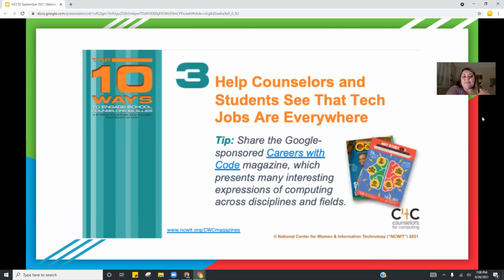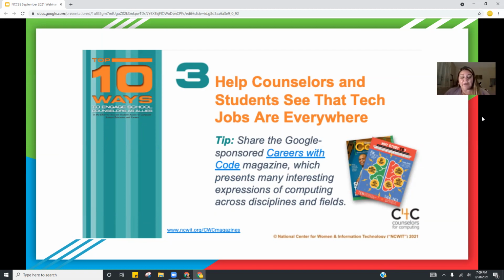So the third one is helping school counselors and students see that tech jobs are everywhere. Not just in Silicon Valley, not just in large cities, but every company, period, major or minor, has some type of tech required in order for them to operate.